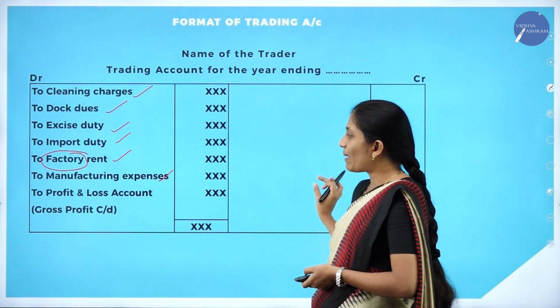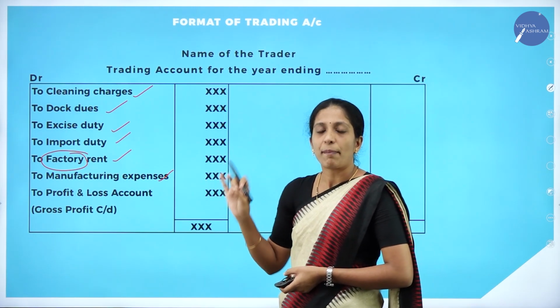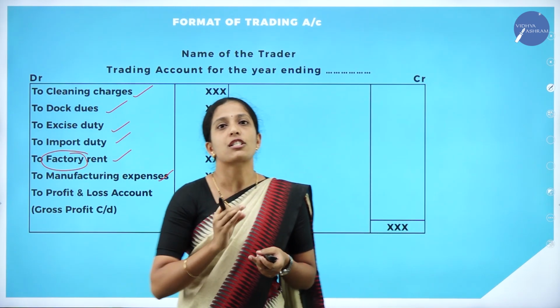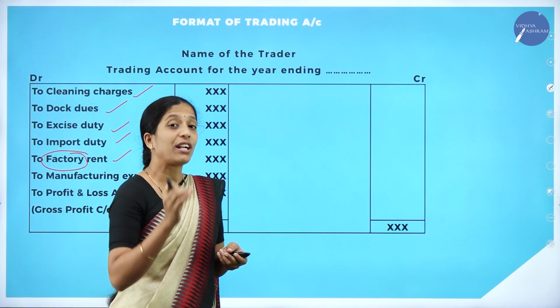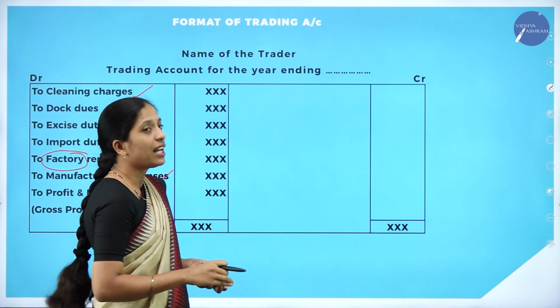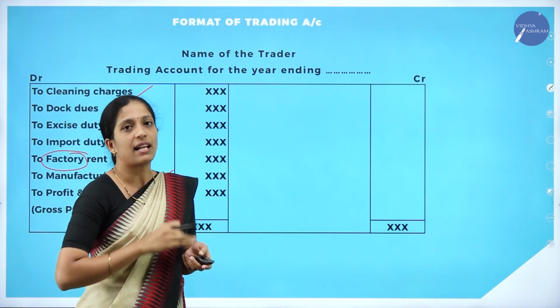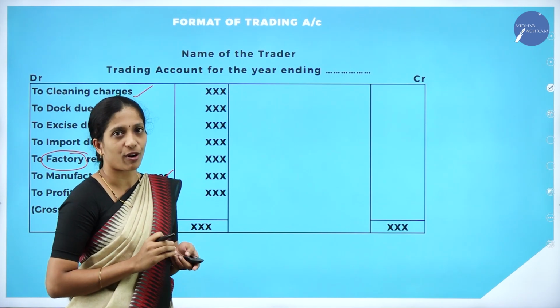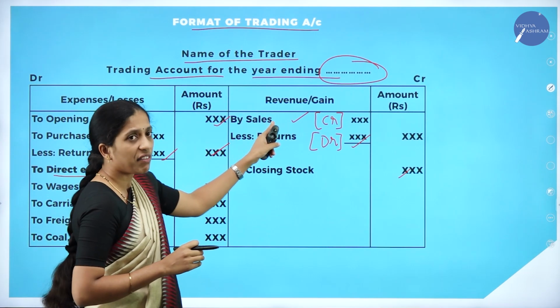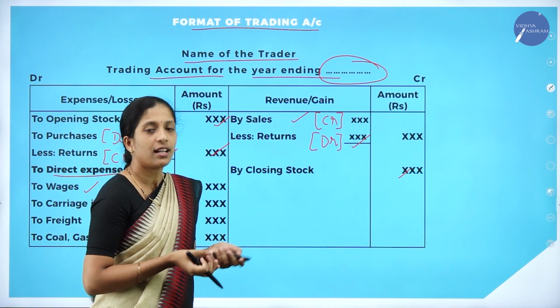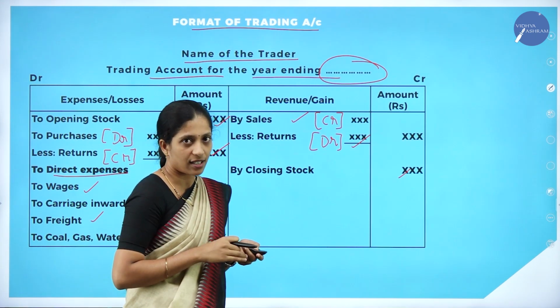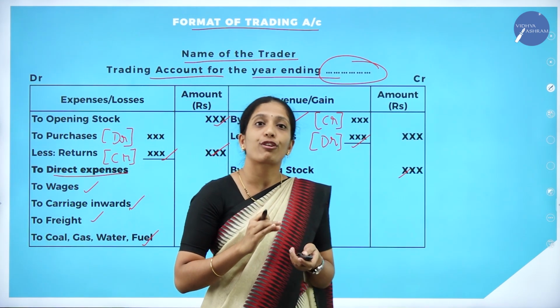Next, what you will do, you will balance both sides. So your balancing figure will be what? Either gross profit or gross loss. So when do we get gross profit? If your credit side is more than debit side, then it is gross profit. Which means that if your revenue or gain is more than your expenses or losses, then it is gross profit. When do we get gross loss?